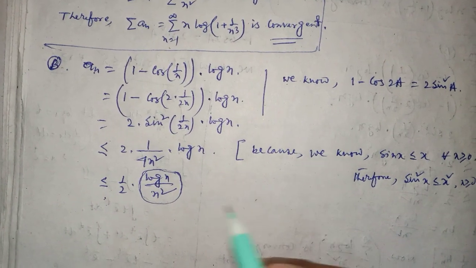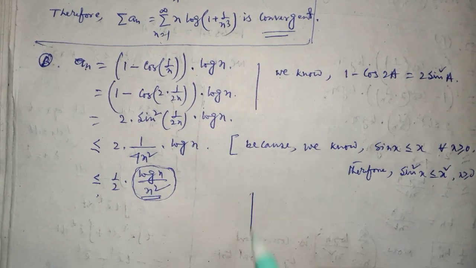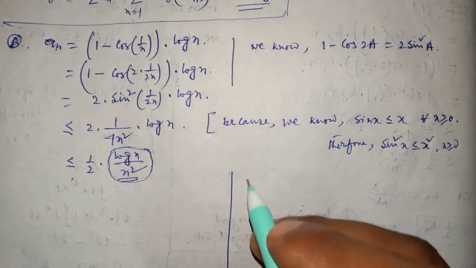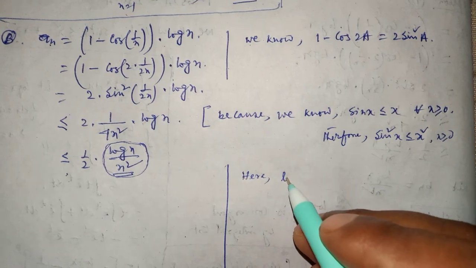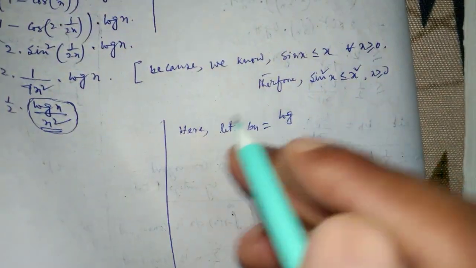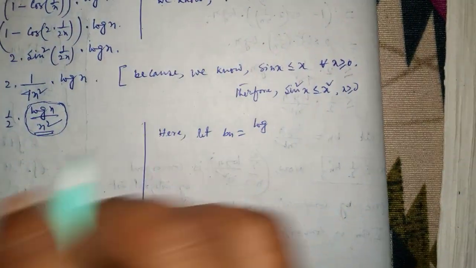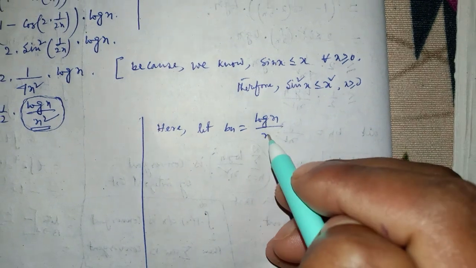So let us check whether this series is convergent. Here let Bn is equal to log n by n square.